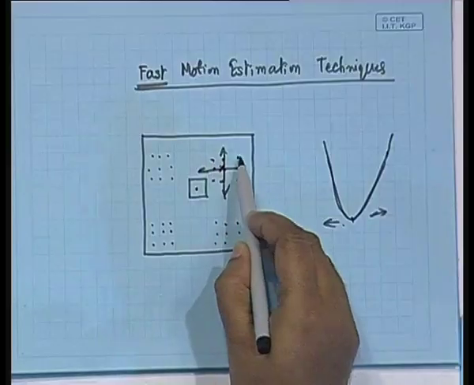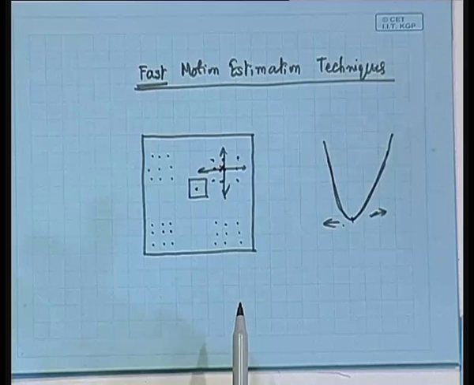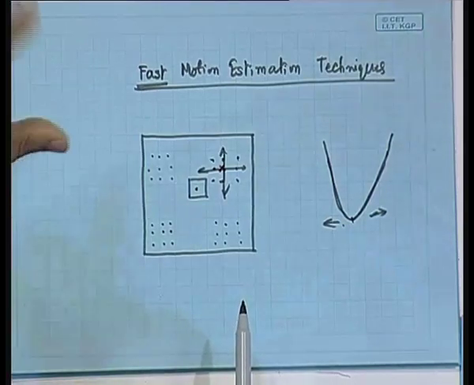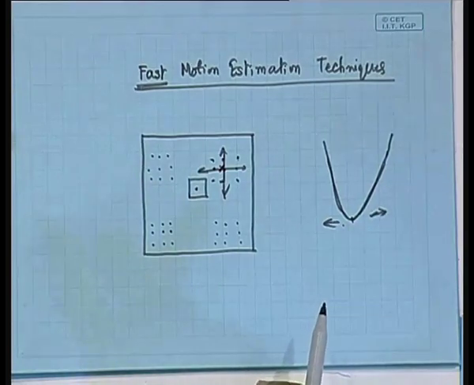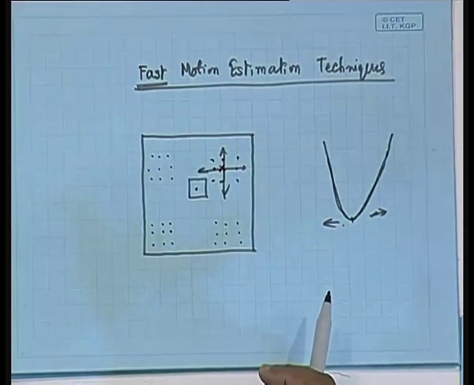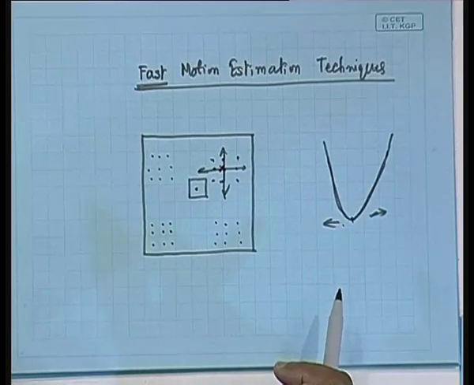Okay. So, then the search strategy could be decided this way: if you do the searching at some specific points and obtain some minimum out of those search positions, take that minimum position, and then you refine your search space.